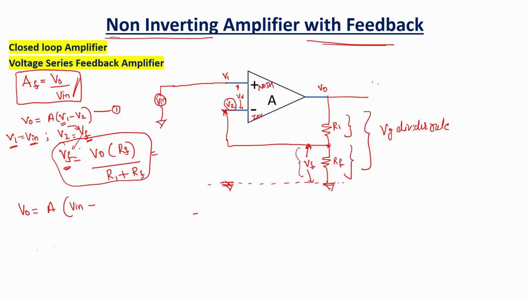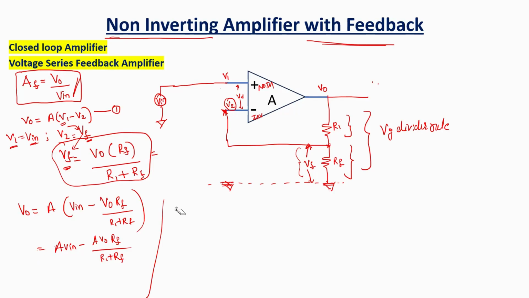V2 is VF. Which is nothing but equal to A into V in minus A into V naught into RF divided by R1 plus RF.